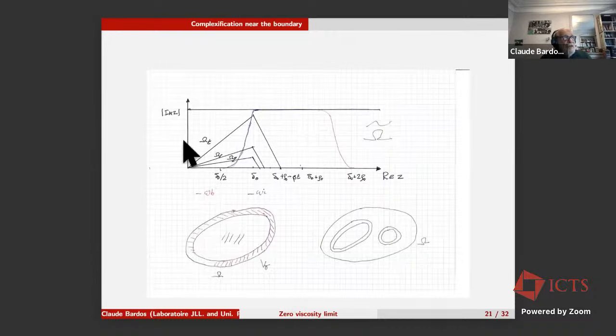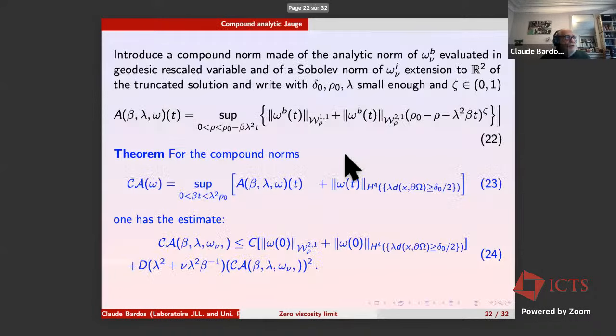And maybe this analysis of the interaction near the boundary and slightly away from the boundary may be used in further analysis of the generation of turbulence or vorticity away from the boundary.